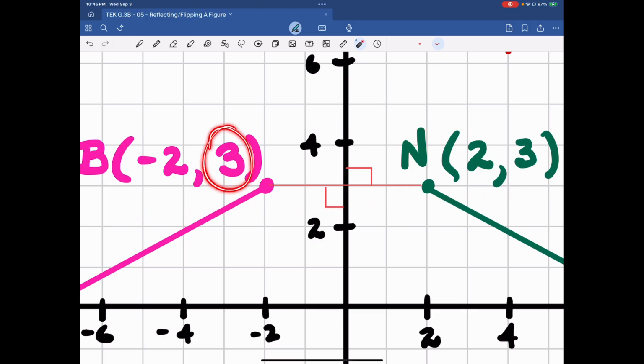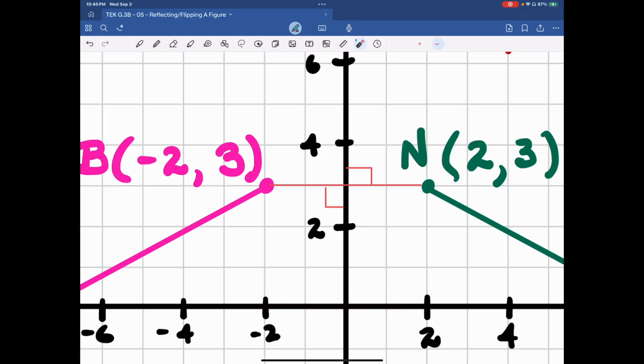Notice the y coordinate stays the same, doesn't it? It didn't change. 3 here, 3 here, because you're going up 3 and you're going up 3 here. However, you're going back 2 from the y-axis, and if you go back 2 here, you have to go forward 2 here, which brings you to a positive 2.